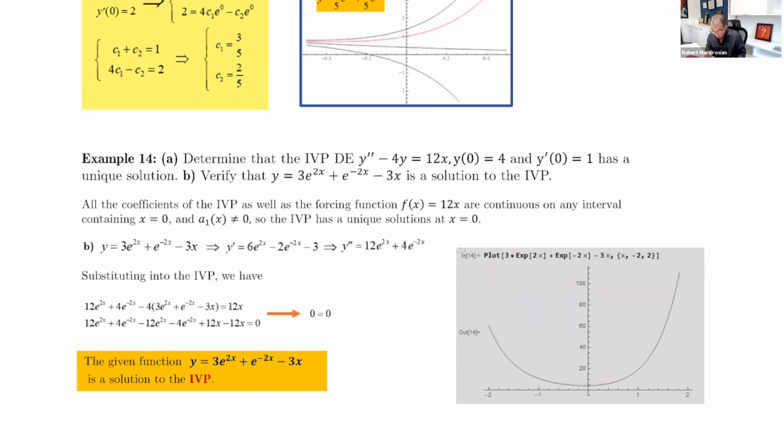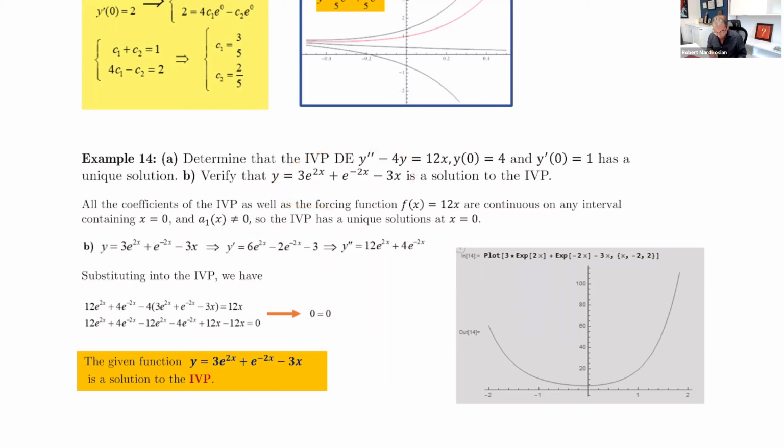This is almost the same. If you have a second degree differential equation equal to 12x, this is not homogeneous. You have some initial values, y of 0 equals 4 and y prime of 0 equals 1. We understood that the problem has a unique solution, and we want to verify that this is a solution.